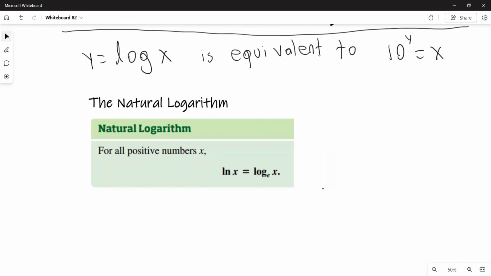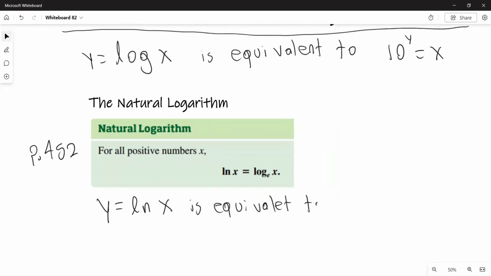But the base e is usually never written. By definition, y equals the natural logarithm of x is equivalent to e to the y equals x. On the calculator, you're going to see the button ln.